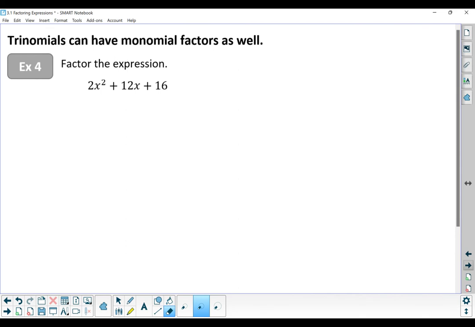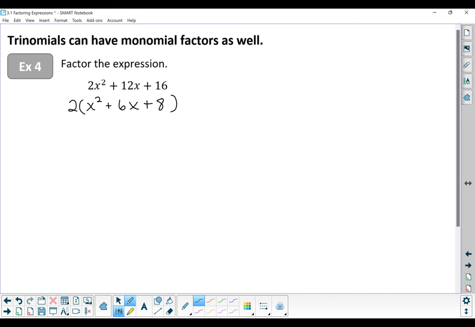Trinomials can have monomial factors as well. So in this case, maybe this looks different than the other ones we did because of that 2 that's with the x in the front. But you might notice that all of those numbers in the expression are even. So we can factor out a 2. That leaves x squared plus 6x plus 8.